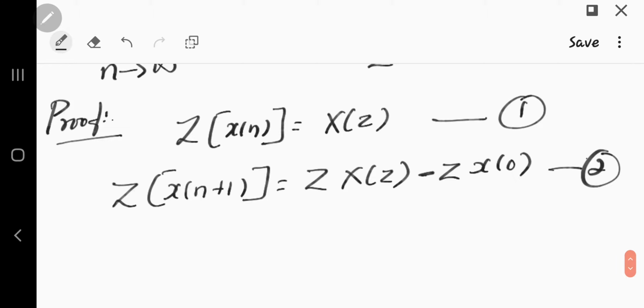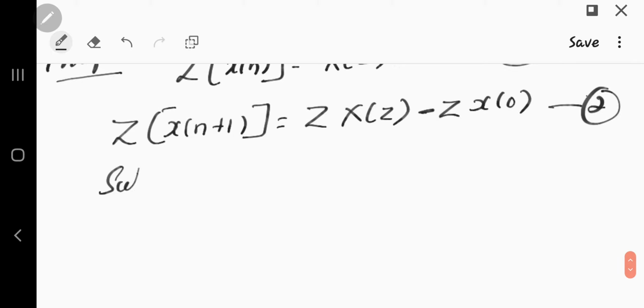You might be wondering how we got this. It's just the simplified version I have written; I have not written it in detail here. You can apply the time shifting property for z where n is equal to minus 1, and if you expand that you will get this term.